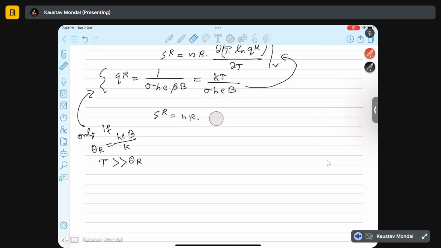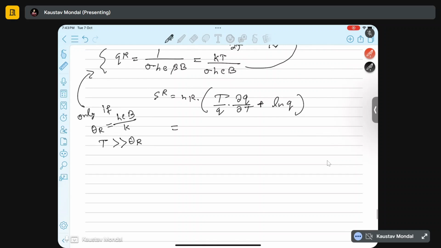So if you do the derivative on both sides, first, taking NR as common, NR into T by Q del Q by del T, plus if you do the derivative again on T, it just gives you ln Q, right?